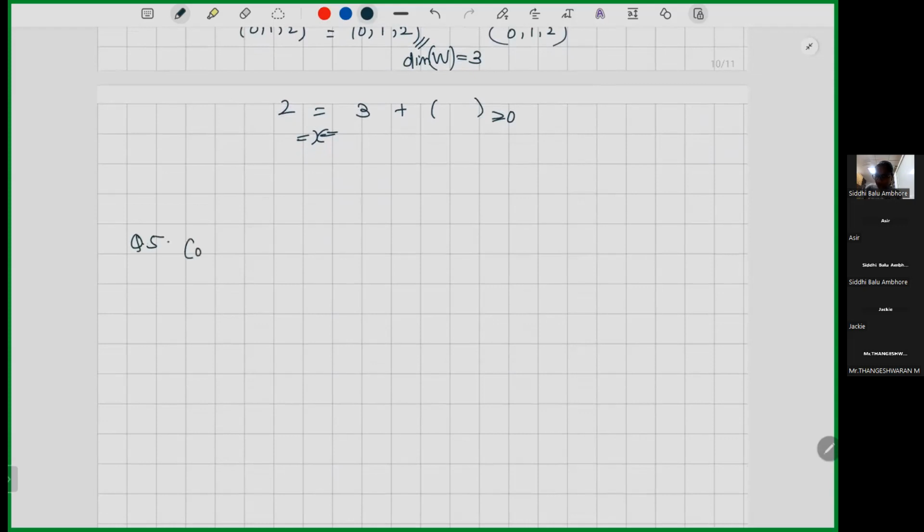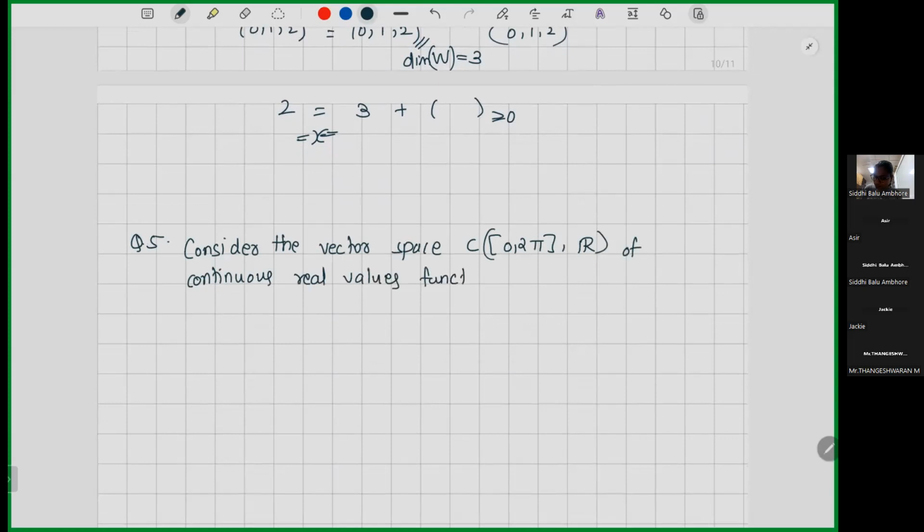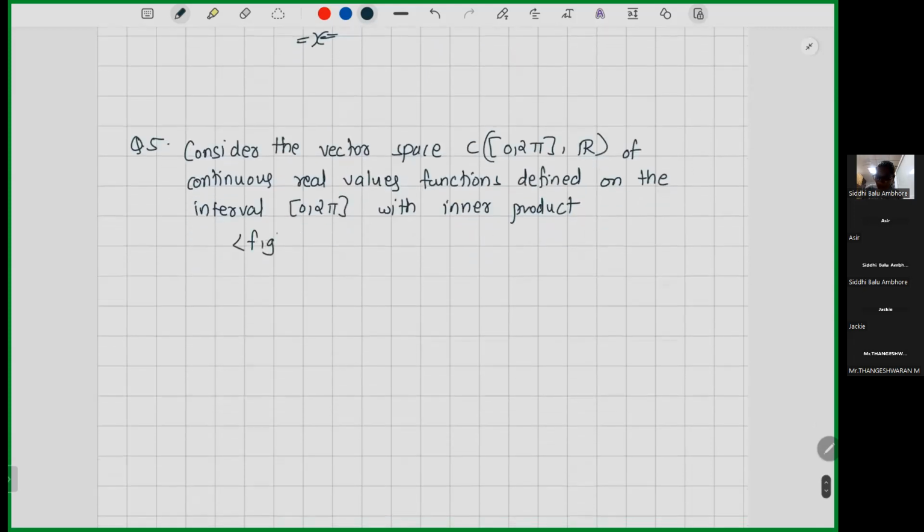Question 5: consider the vector space C[0, 2π] of continuous real-valued functions defined on the interval 0 to 2π, with inner product <f, g> equal to 1 by π times the integration from 0 to 2π of f(x) g(x) dx, for f, g in this space.